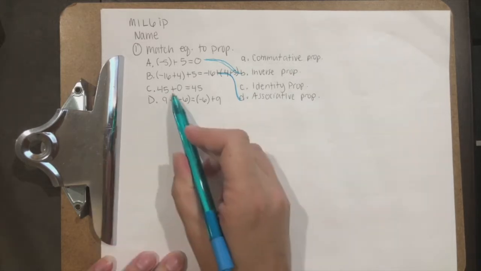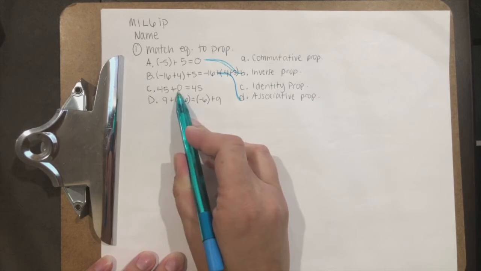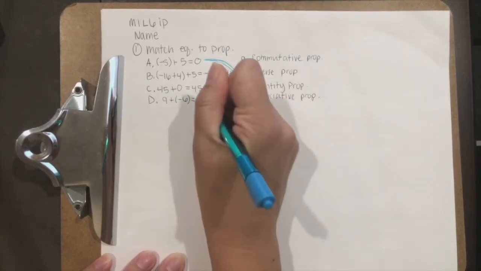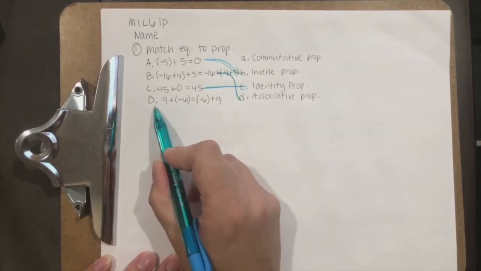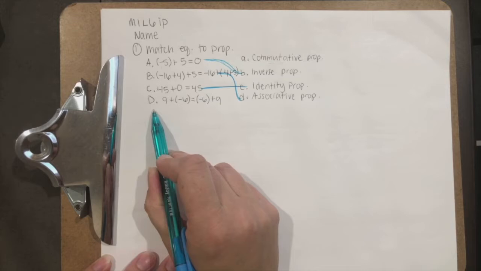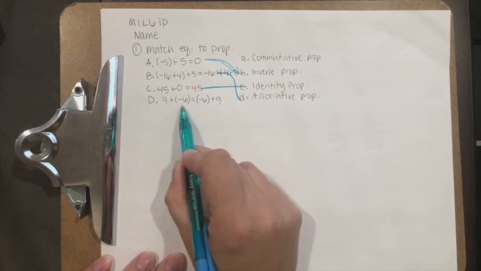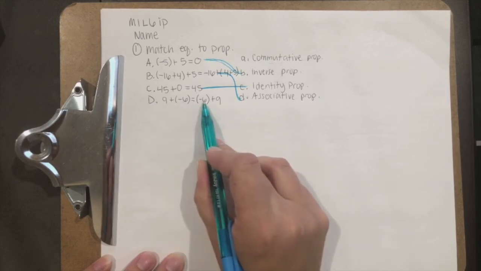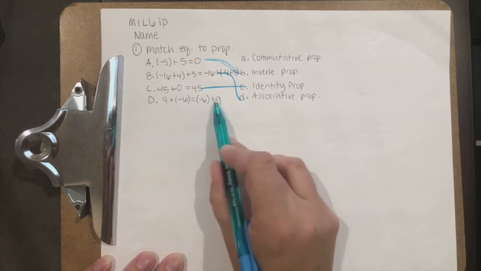Okay, C, capital C. A number plus 0 equals itself. That's identity, so that's straight across. Okay, and then D is, let's see, they're switching places. So 9 plus a -6 is going to be the same thing as a -6 plus a +9. So they actually moved.